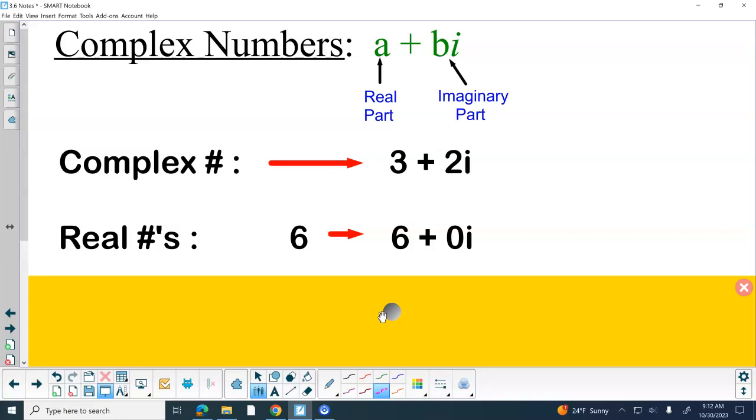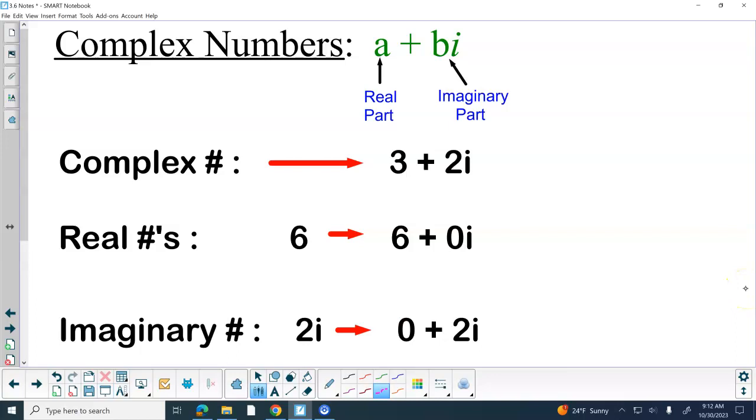An imaginary number would be something like 2i, but writing it in complex form, it would be 0 plus 2i. Okay? So there are real numbers out there. There are imaginary numbers out there. But complex numbers have both a real part and an imaginary part.